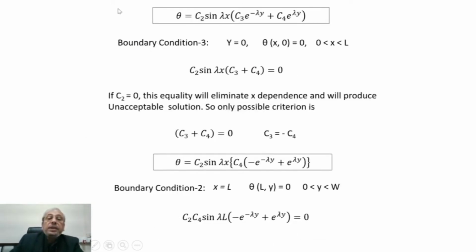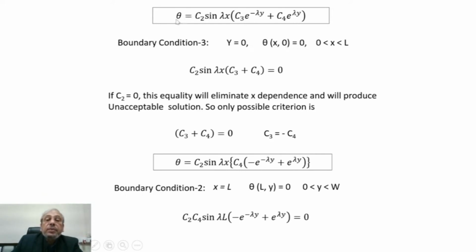Now, since theta is C2 sine lambda x multiplied by (C3 e to the power minus lambda y plus C4 e to the power lambda y), on this we write boundary condition 3. That means at the bottom of the plate where y equal to 0, theta throughout x, between 0 and L, throughout the length, and y equal to 0, is equal to 0.